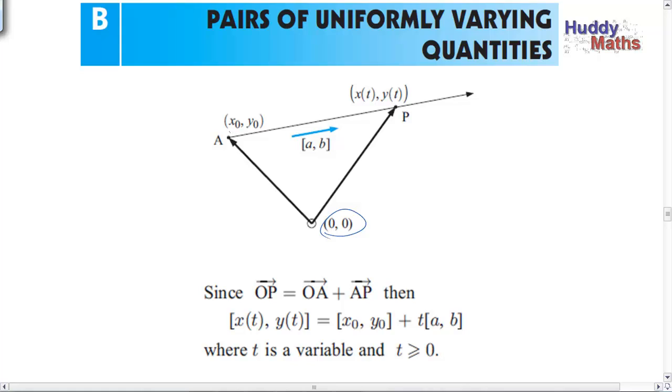You travel out to a point on a line, and then it's t times a direction vector to get to a point. Whoa, we haven't seen this before, x of t, y of t. We're saying the position of that point depends upon the parameter's value t, which we know. And so OP equals OA plus AP, and that's what we've got.